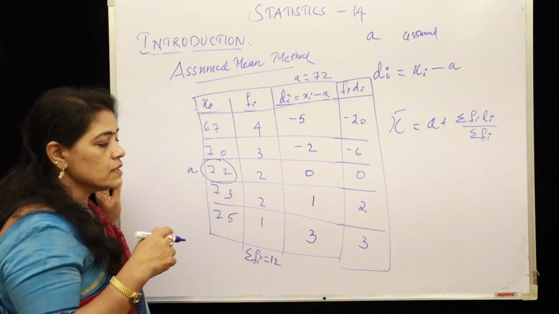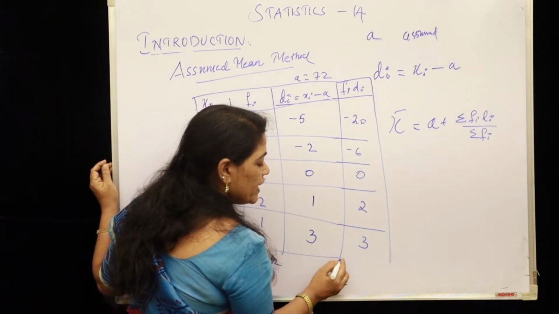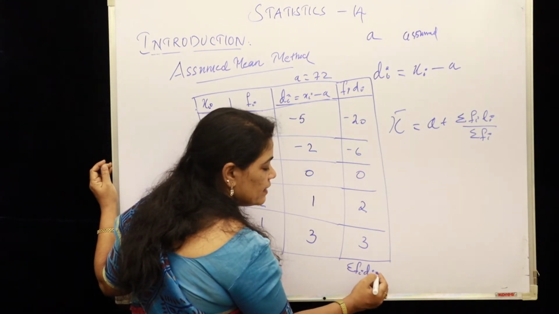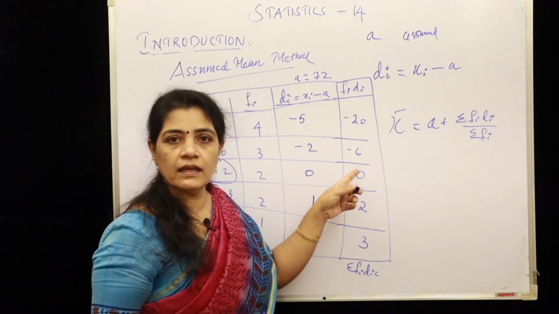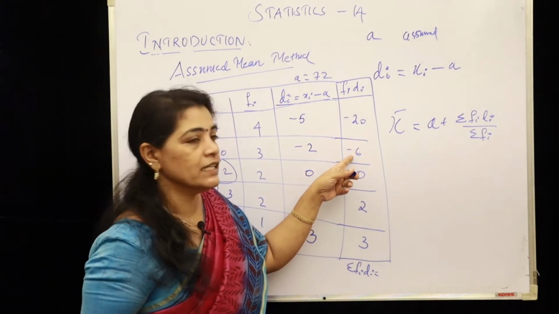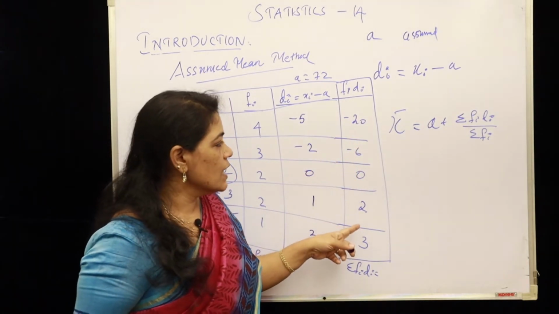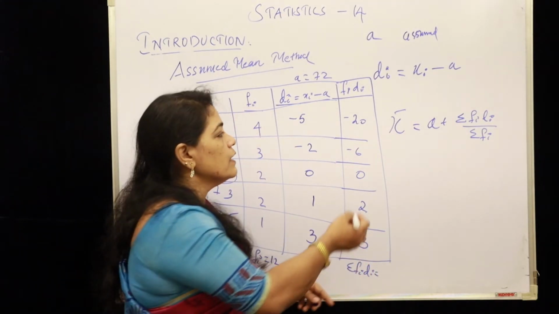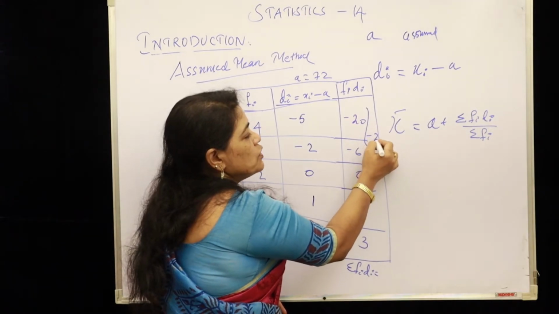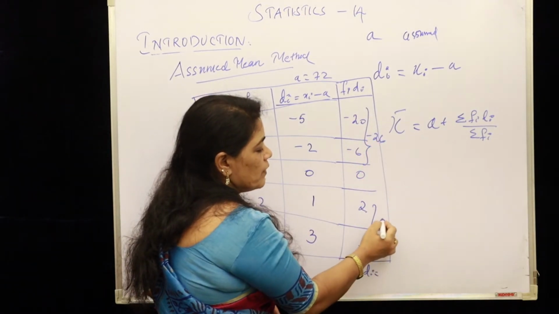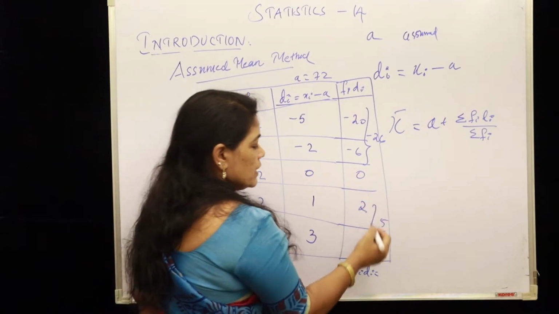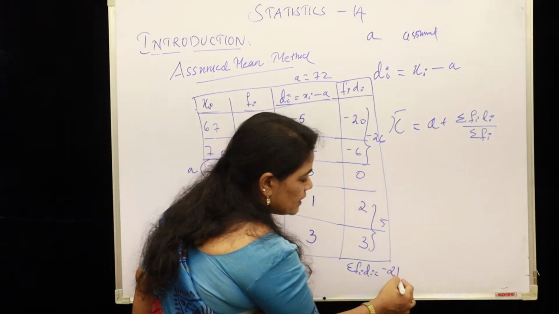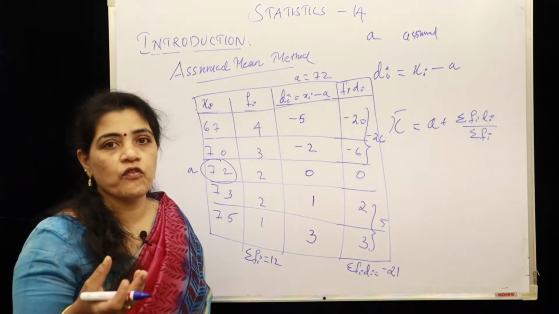Then comes sigma fi di. We have the fi di's here. Negative 20, negative 6, negative 26. Here the positive values are 2 plus 3, 5. Negative 26 plus 5 is negative 21. Negative 21 is the sum of fi di.